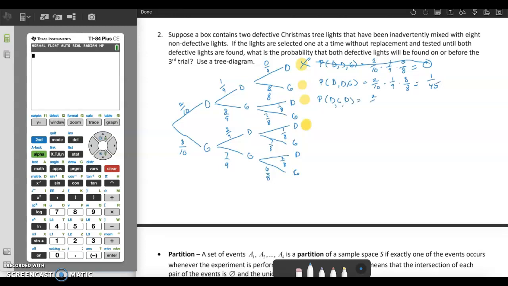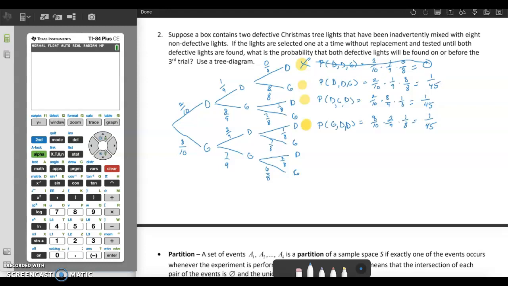That's 2/10 times 8/9 times 1/8, which is also 1/45 if you multiply that all out. And what's the probability of choosing good and then defective, defective? That's 8/10 times 2/9 times 1/8, and I'm just following those probabilities out on that branch. And that is also a 1/45.